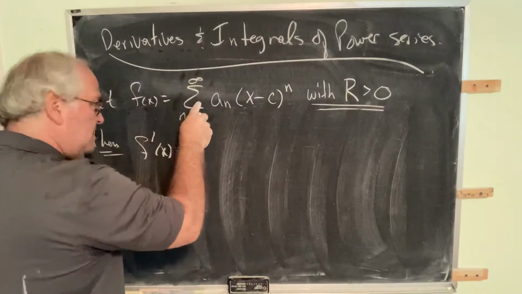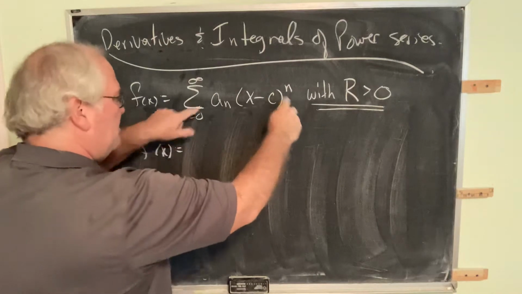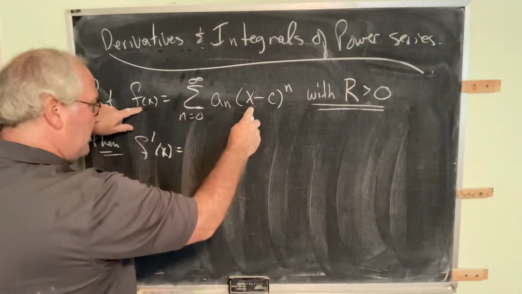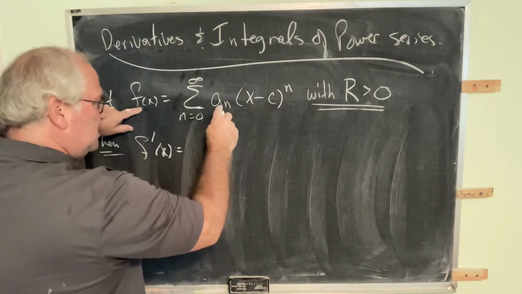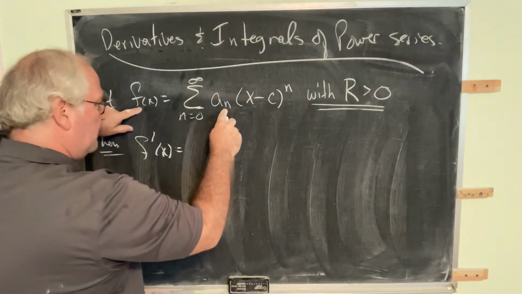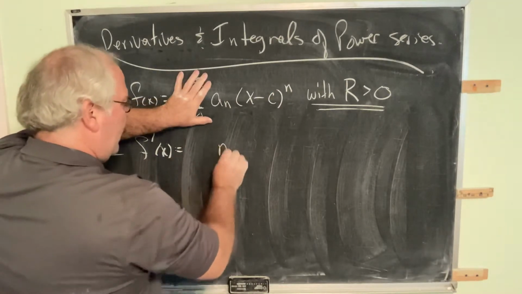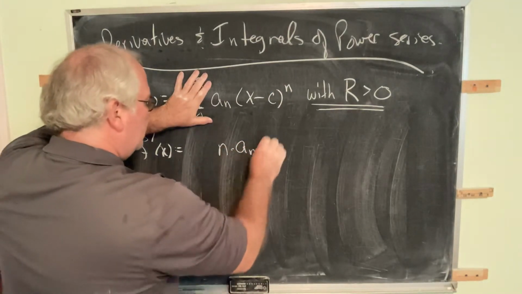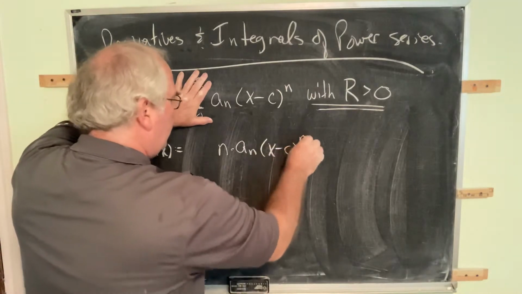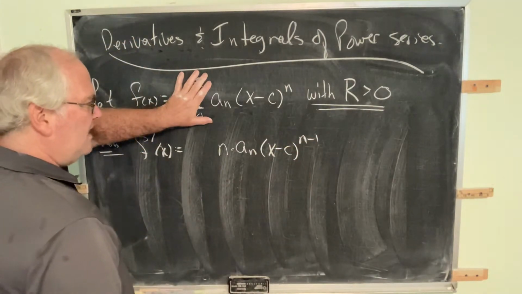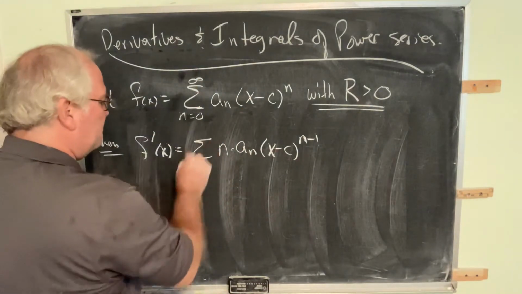When we do the limit, n is the variable, x is the constant. But with the derivative, x is the variable, so n is a constant. This is just a constant multiplier multiplying along. The derivative of that expression is n times a sub n times (x minus c) to the n minus 1. And so the sum of these things is the sum of these things.